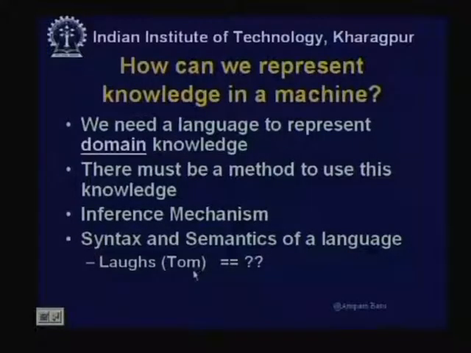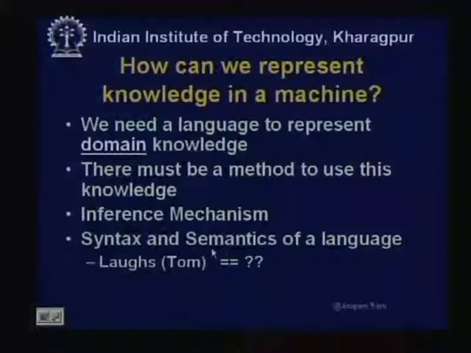For example, if we write laughs(Tom), what does it mean? Does it mean Tom laughs? Does it mean Tom is laughed at? Assuming that this is a correct syntax in some language, what is the meaning of that? What is the semantics of this?